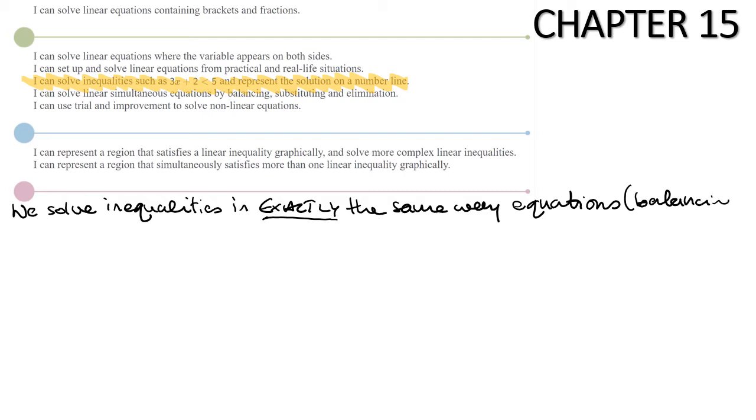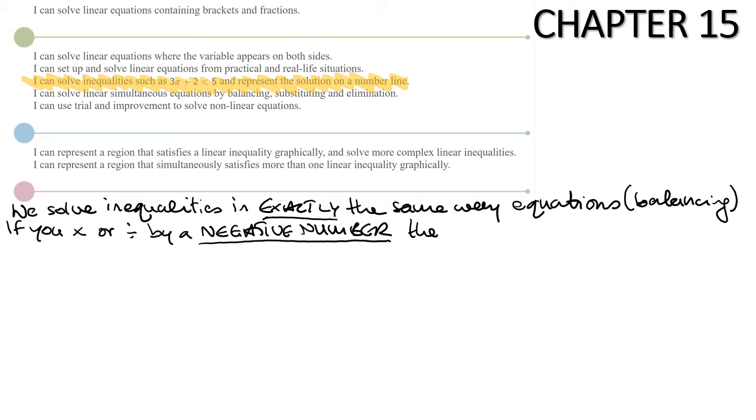The only thing we need to watch out for is this. If you multiply or divide by a negative number, then reverse the sign. Okay, which basically means you just flip it the other way around.